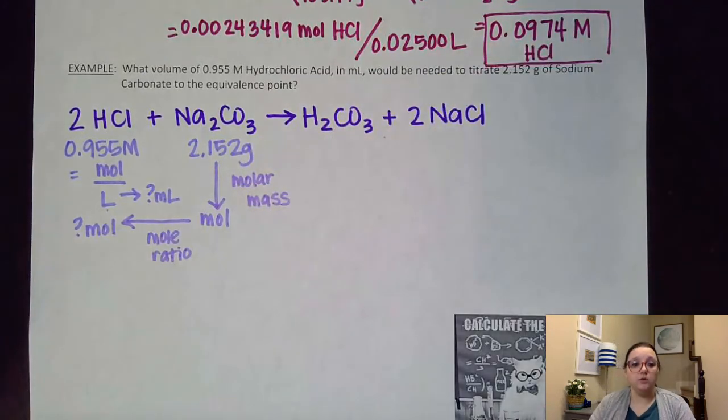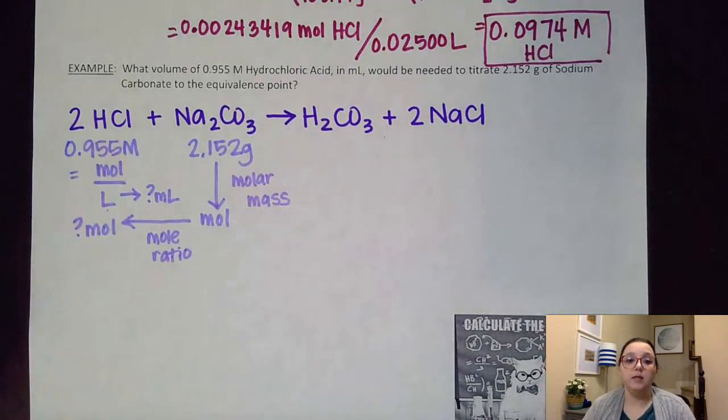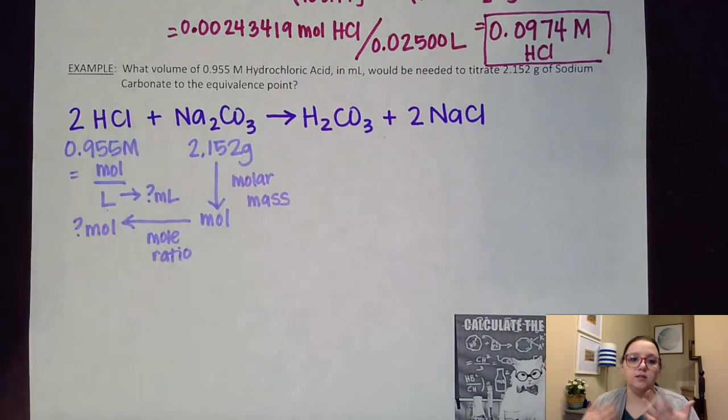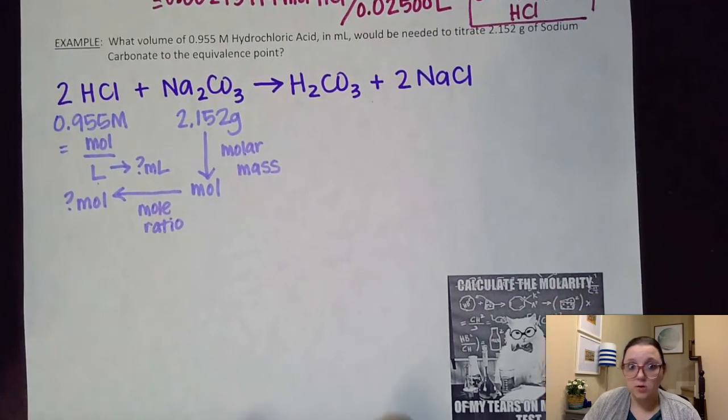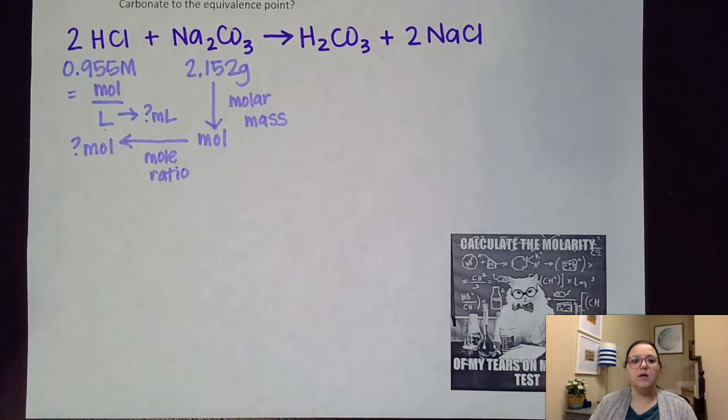Once you figure out that 0.955 molarity is moles over liter, you don't have to just stop at moles and calculate this molarity. What you could do is use the molarity as a conversion factor. I'm going to show you how to do it via that method because I think for some of you it might save you some time. Could you go ahead and stop at moles and then plug it in and solve for your volume? Absolutely. But I'm going to show you a quicker method.